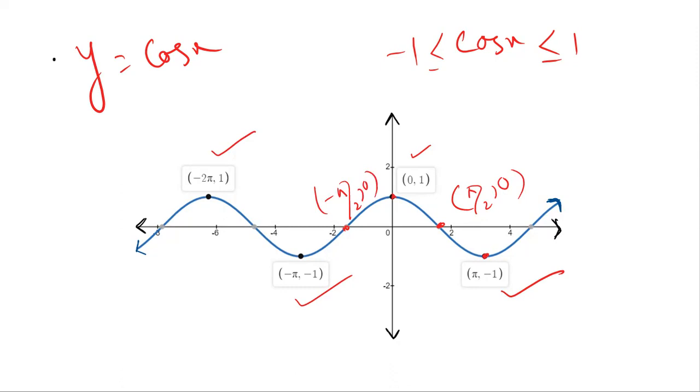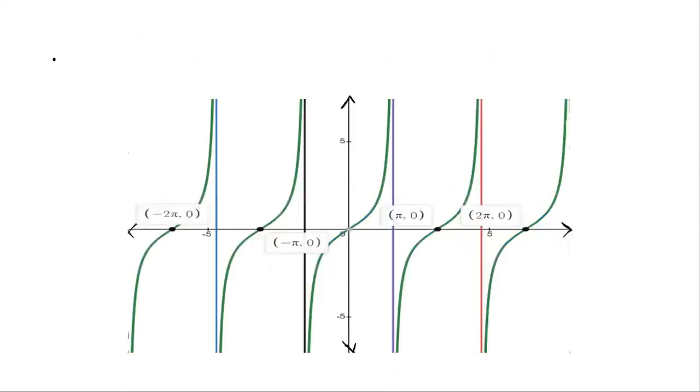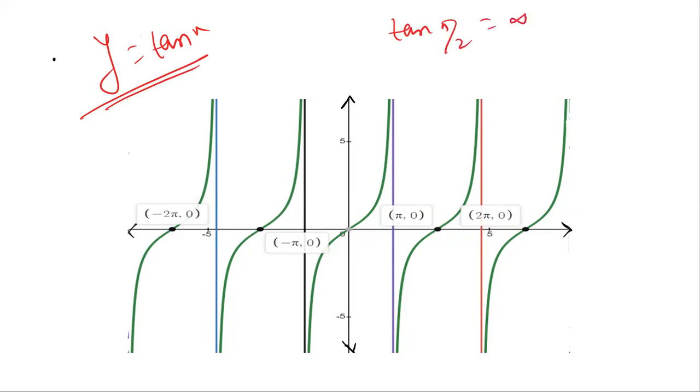This you have to remember for the cos function. And also, this is the last graph, the tan function. This is y equal to tan x. We know tan pi by 2 is infinity. So you see here, at 0, this will become 0, because tan 0 is 0.